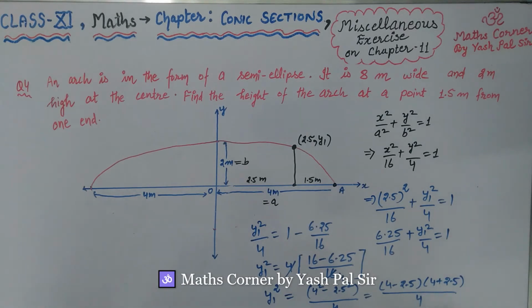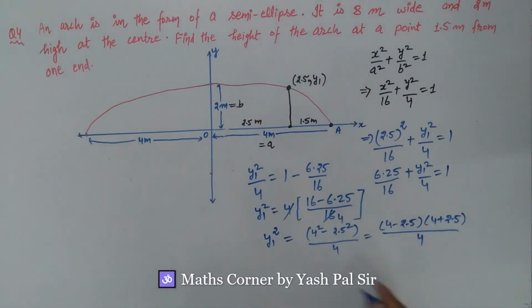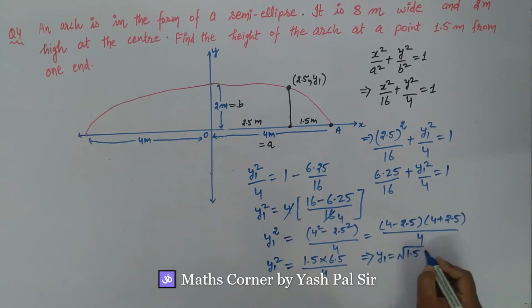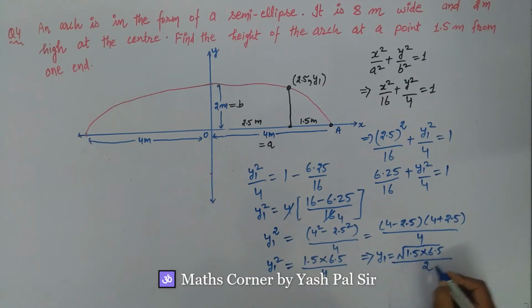So this becomes, again solving further, y1 whole square is equal to 1.5 into 4 plus 2.5, that is 6.5, divided by 4. Right, now we have y1 is equal to square root of 1.5 into 6.5 divided by 2.